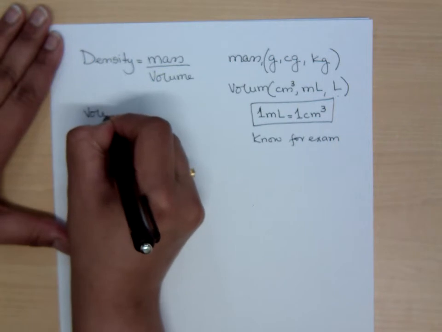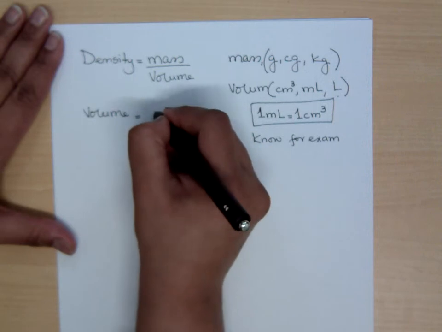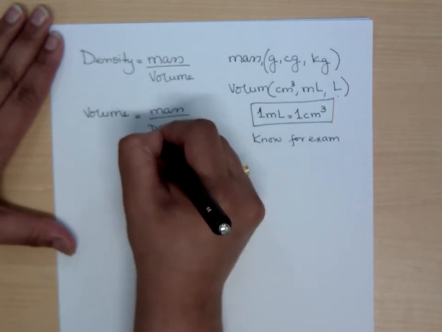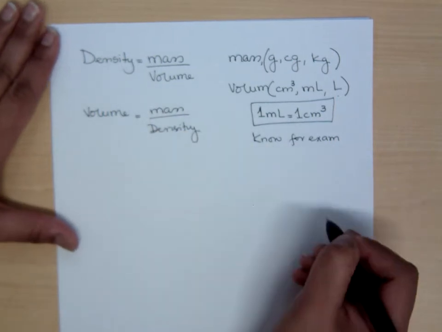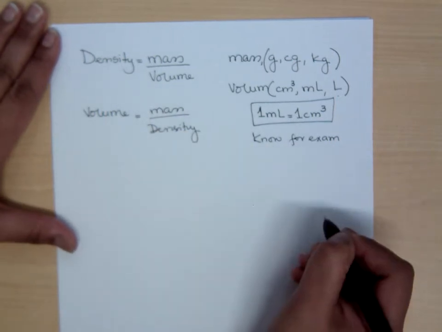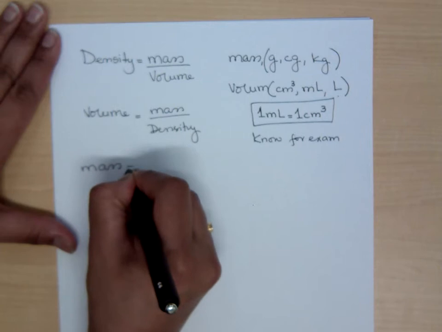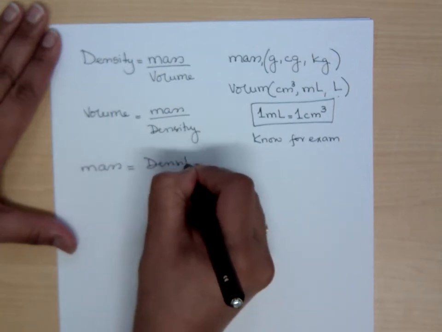If they want you to find volume, then that would equal mass divided by density. How about if they want you to find mass for an object when volume and density are given? In that case, the equation will change to mass is equal to density multiplied by volume.